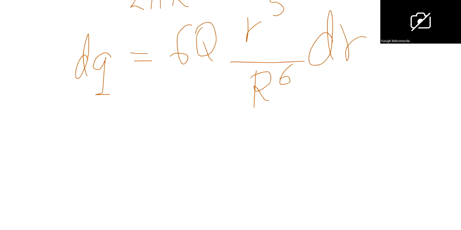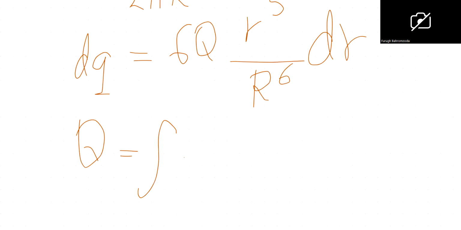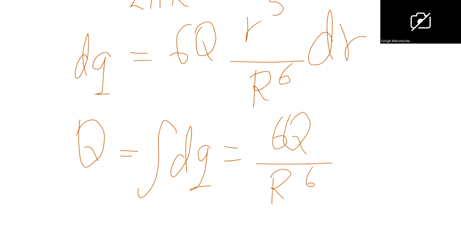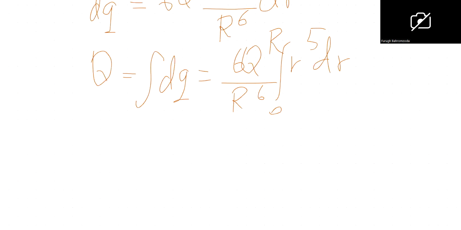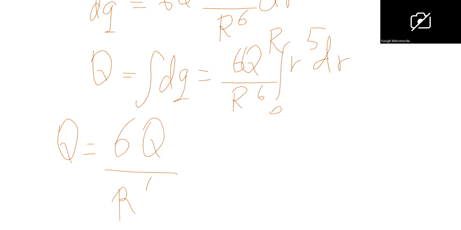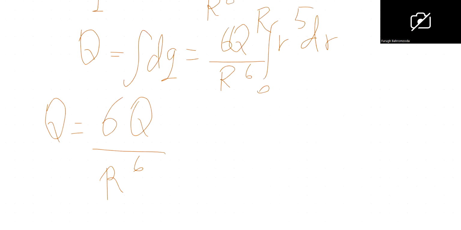Q equals the integral of dq, so we use 6Q over R to the power of 6, from 0 to R, of r to the power of 5 dr. This will give us Q equals 6Q over R to the power of 6 multiplied by R to the power of 6 over 6.